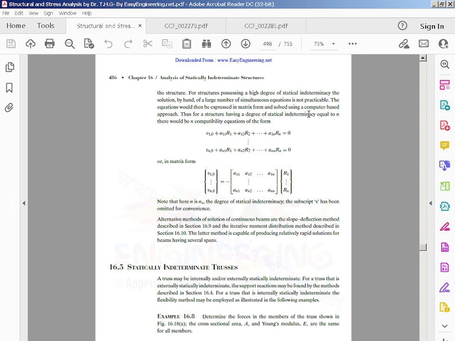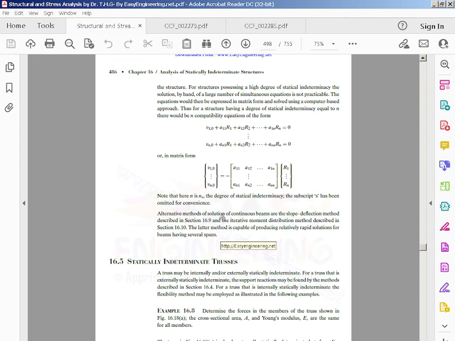Thus, for a structure having a degree of statical indeterminacy equal to n, there would be n compatibility equations of the form V10 plus A11 R1 plus A12 R2 plus ... plus A1n Rn equals 0, up to Vn0 plus An1 R1 plus An2 R2 plus ... plus Ann Rn equals 0, or in matrix form, V10 to Vn0 equals minus the matrix A11, A12, etc. times R1 to Rn. Note that here n is ns, the degree of statical indeterminacy. The subscript s has been omitted for convenience.